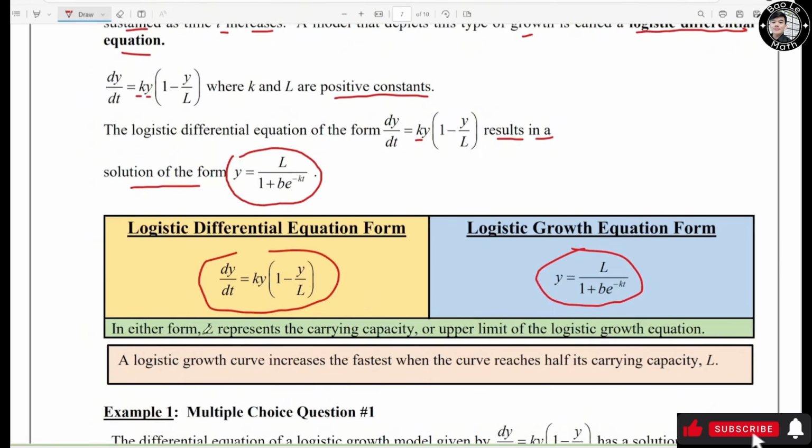In either form, L represents the carrying capacity, the upper limit of the logistic growth, which is the maximum. Each L here should be the same.